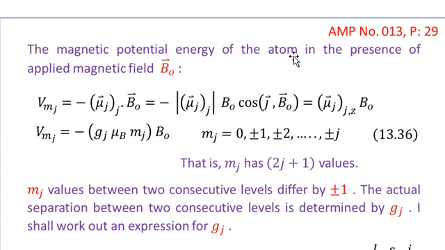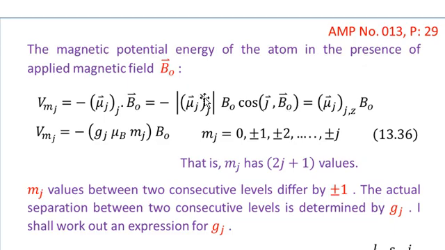The magnetic potential energy of the atom in the presence of the applied magnetic field B0 can be written as Vmg equals minus the dot product of mu_J and B0. You know that mu_J precesses about B0, so the magnetic potential energy Vmg will be given by the dot product of these two quantities, which you can write as the magnitude of mu_J times B0 times the cosine of the angle between J and B0.